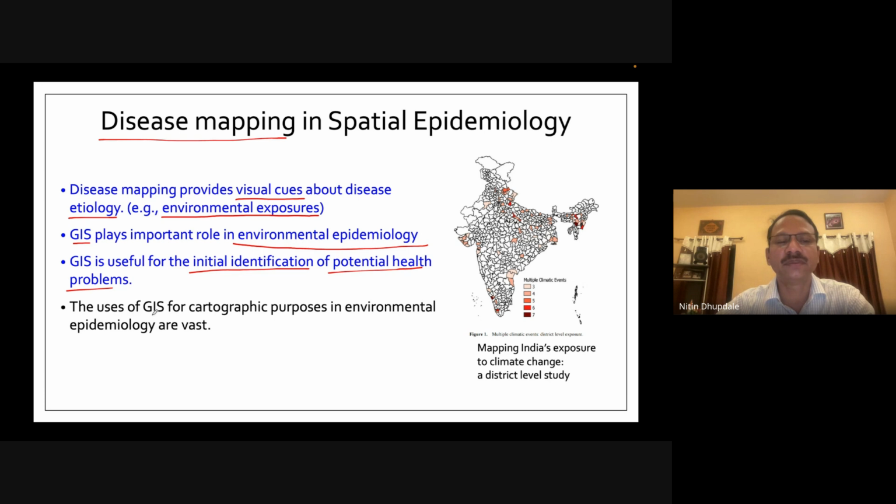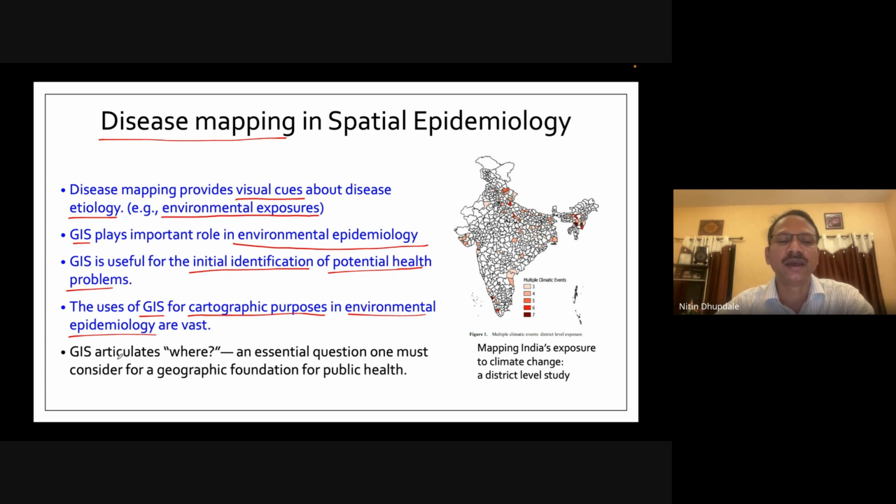So many times the GIS is used for making maps in environmental epidemiology, and in spatial epidemiology also we need GIS to help us to understand the where question. Okay, and it helps us to consider the geographic foundation for public health. So it will help us to understand where the health problem is located.